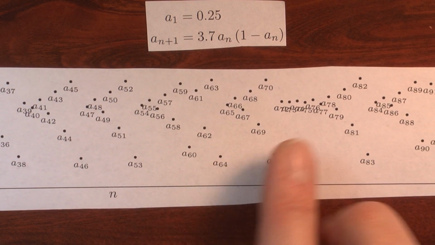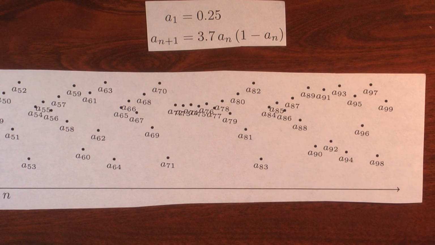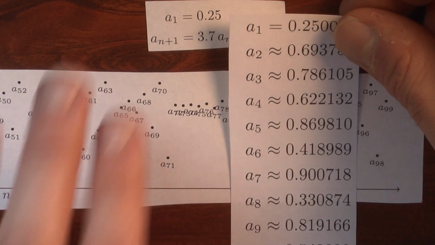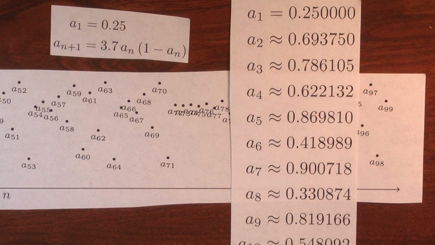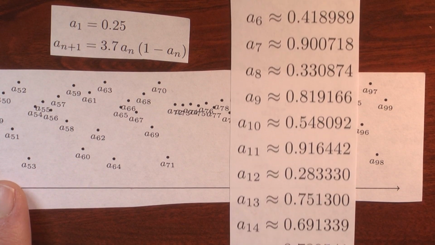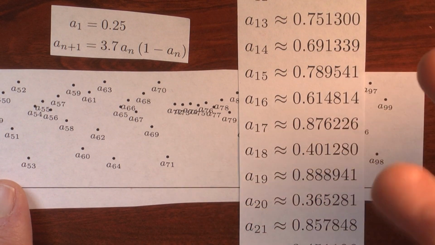There's maybe moments when it looks like things are getting better, but then it suddenly breaks apart again. And if you look at the numbers numerically, things don't look so great here either. 0.25, that's the initial value, but as you look through these numbers, it doesn't look like any sort of pattern is really coming out. What is going on here?